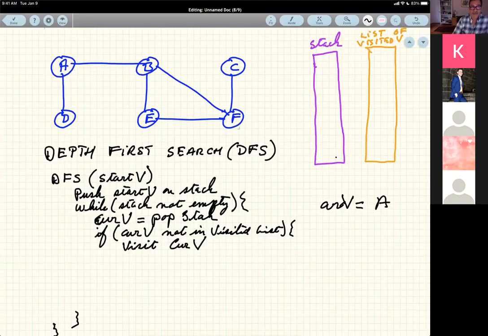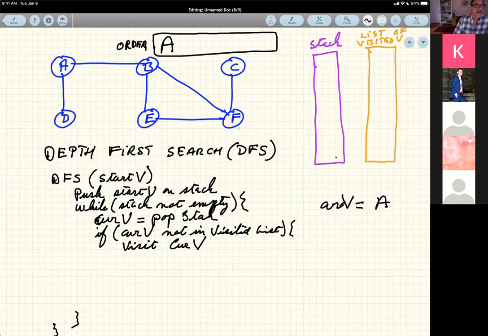A is going to be marked with the number 0. I am also going to build up a list over here, which is the order in which I'm looking at these vertices. The first one I visited is A, so A has been visited because it's in the order list here.